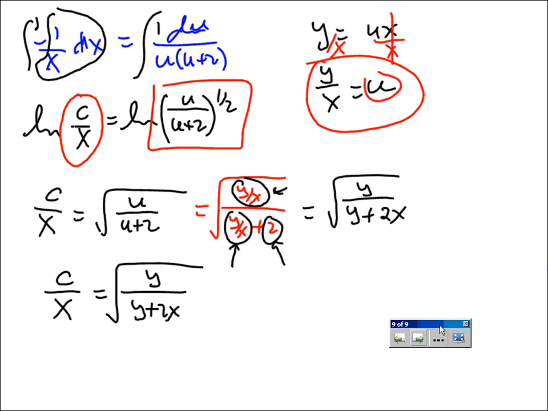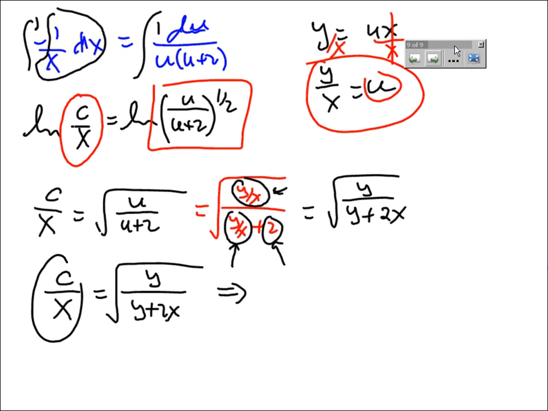Now we can try to solve this for y. If I square both sides, I square the c, I get a different c over x squared. I square the right side, I get this.